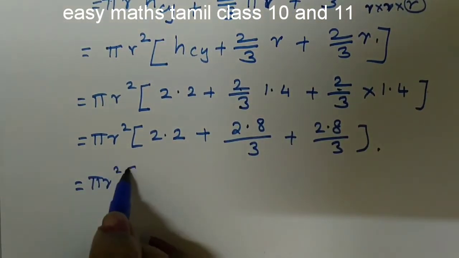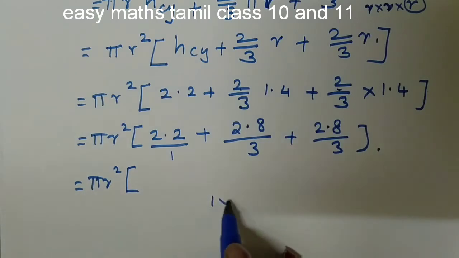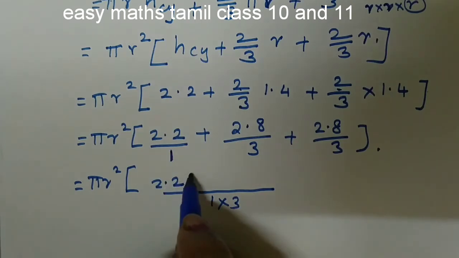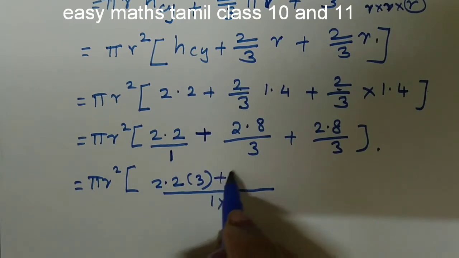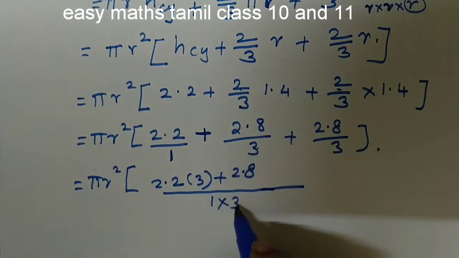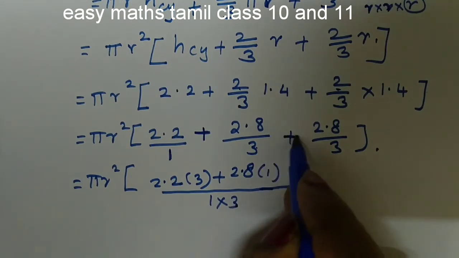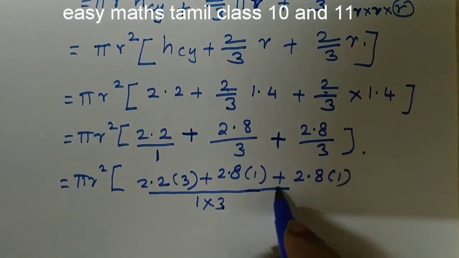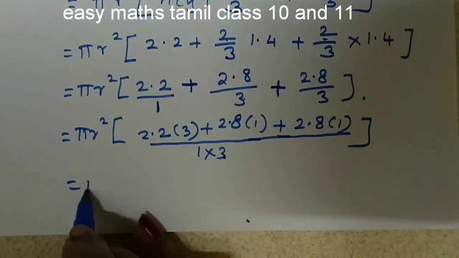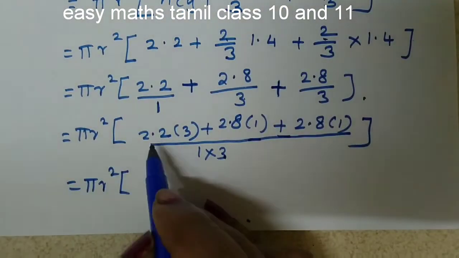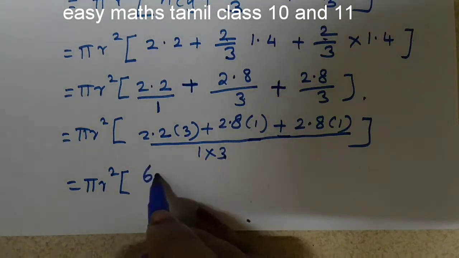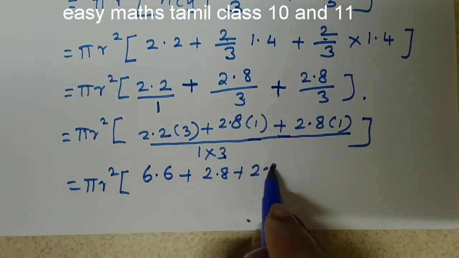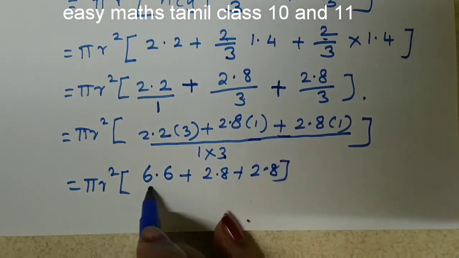Take LCM and add the values: 2.2 into 3 is 6.6, plus 2.8 into 1 is 2.8, plus 2.8 into 1 is 2.8, divided by 3.